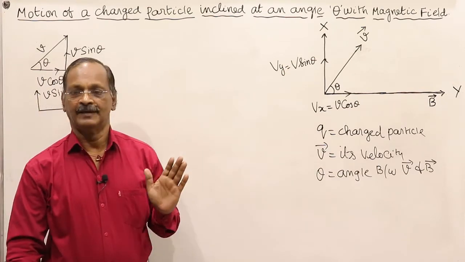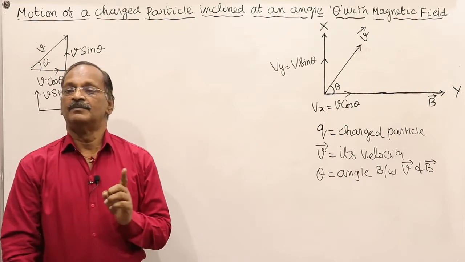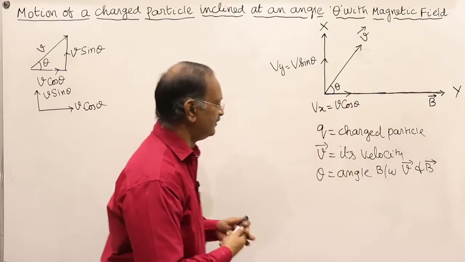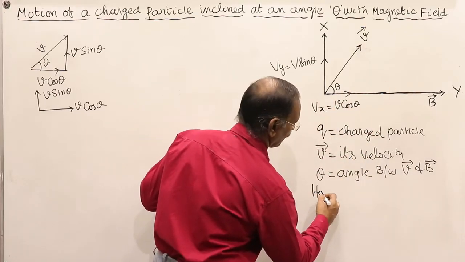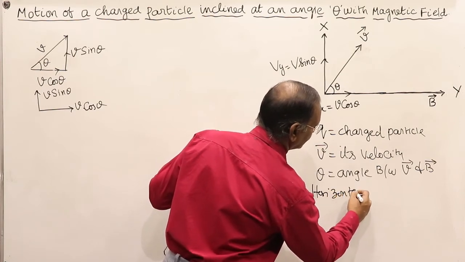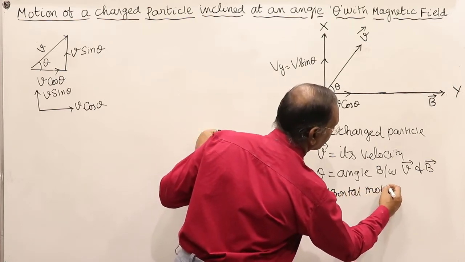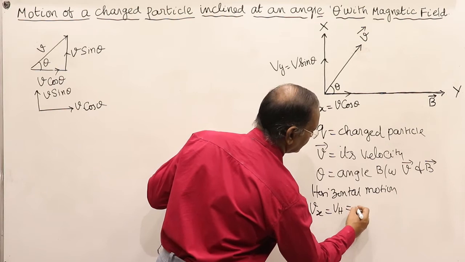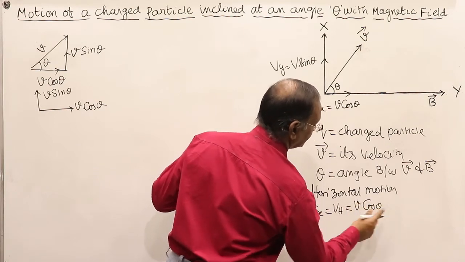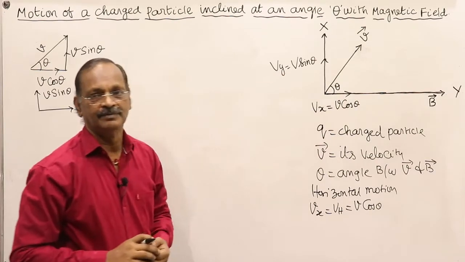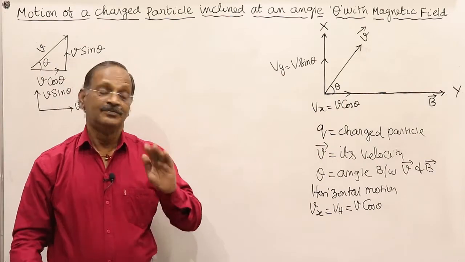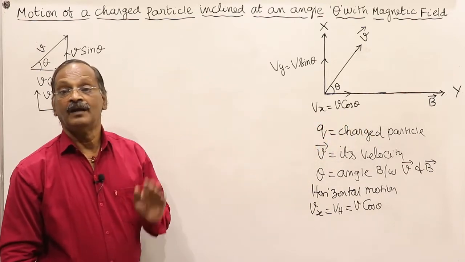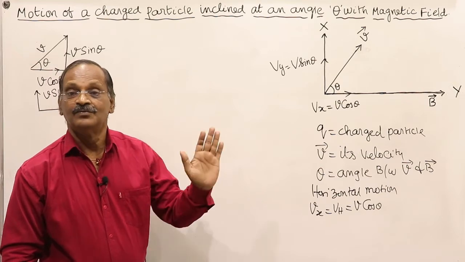Now let us see the charged particle moving in the horizontal direction. The velocity in the horizontal direction is equal to v cos theta, that is the component of this velocity, and the charged particle moves with constant velocity v cos theta along the magnetic field, with no force acting on it.